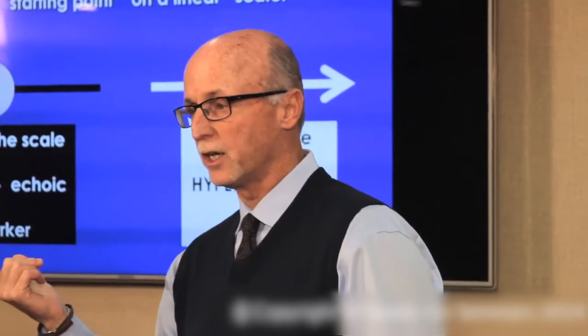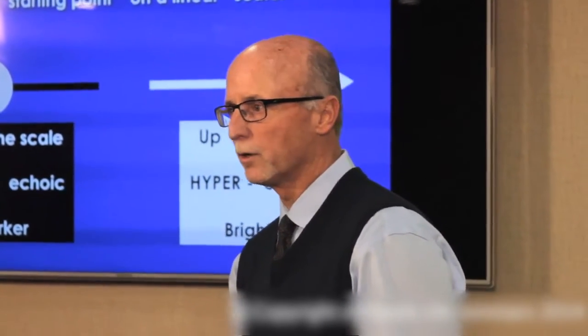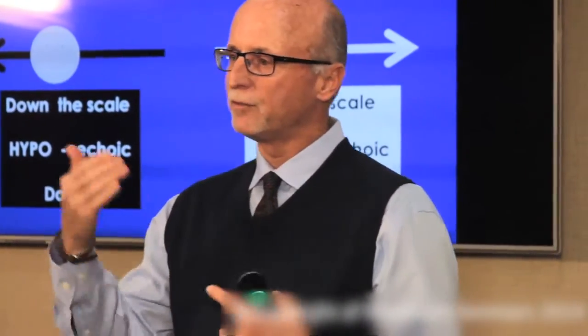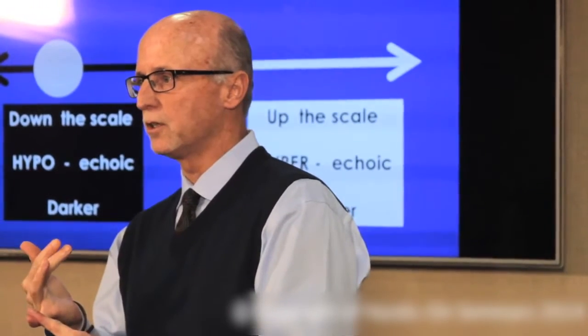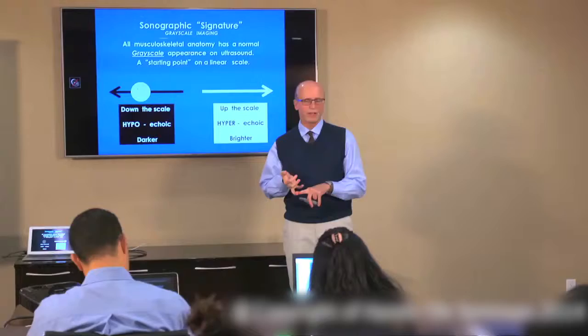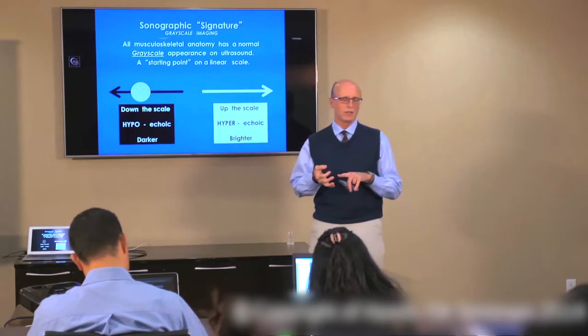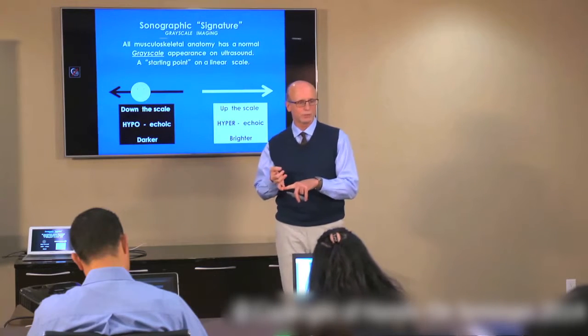One, the structure is taking on fluid, it's edematous, or because it's musculoskeletal anatomy, striated fibrous anatomy, is it not? Poor visualization or non-visualization of that anatomy on ultrasound leads us to the determination of partial thickness tears to full thickness tears and ruptures.